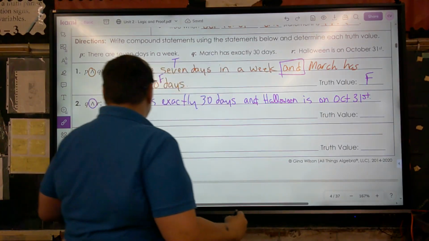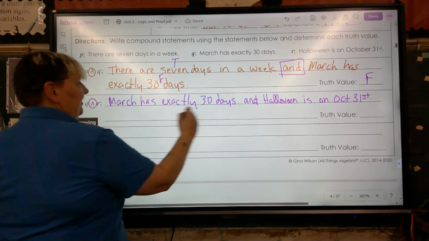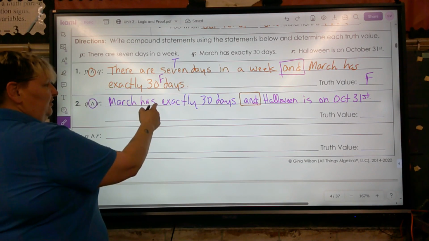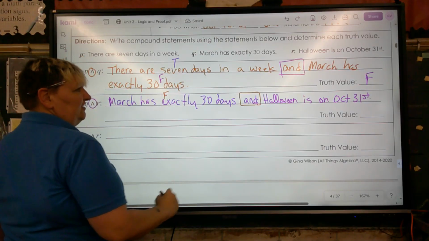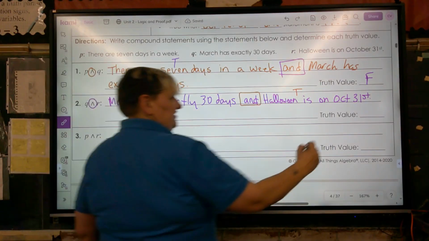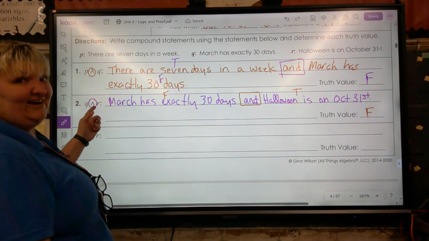Write your compound statement before you even start analyzing it. It's an and statement, which means they both have to be true. March has exactly 30 days, false. Halloween is on October 31st, true, which makes the statement false. They both have to be true because it's an and statement.